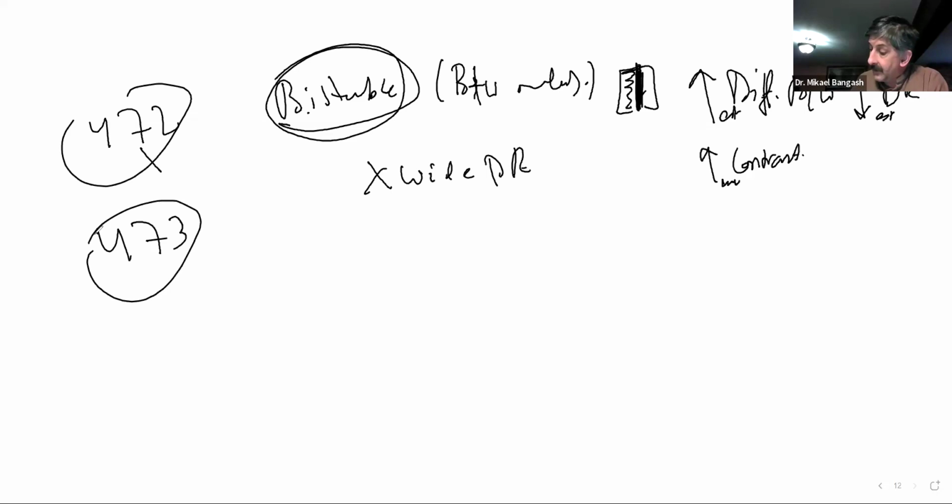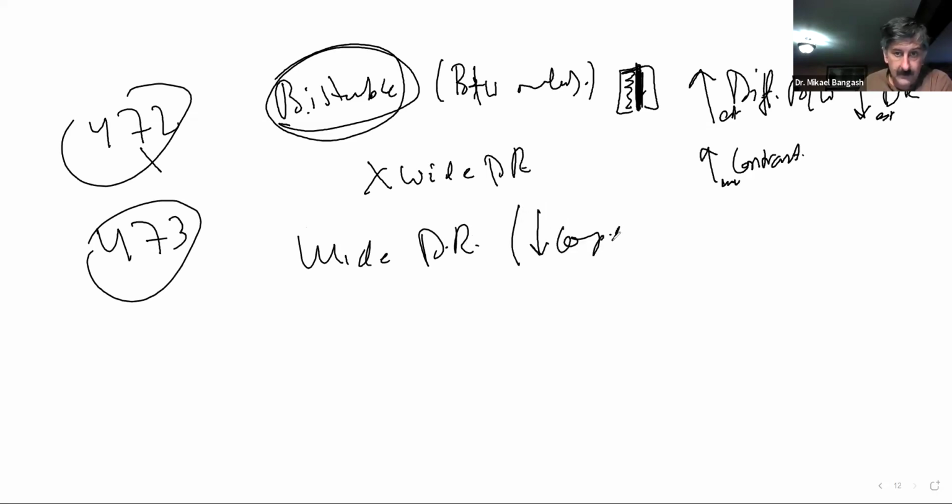Which of the following terms is not associated with a wide dynamic range? So what is a wide dynamic range? You can say it's something that is less compressed. A wide dynamic range is also going to be a great grayscale.